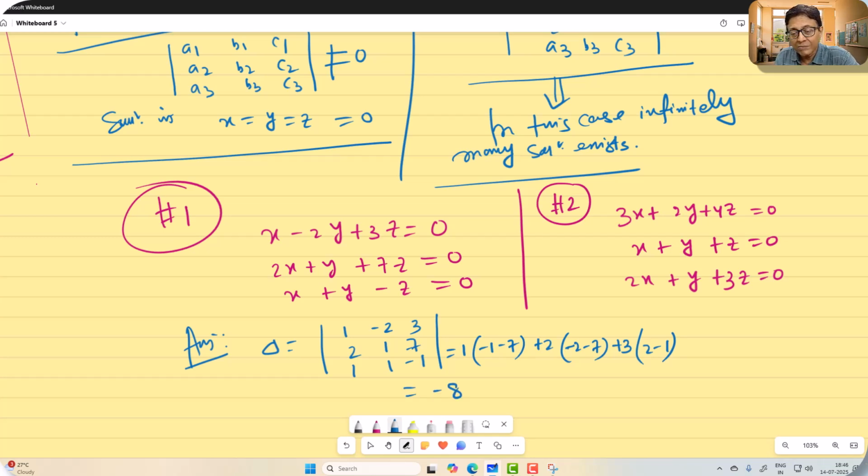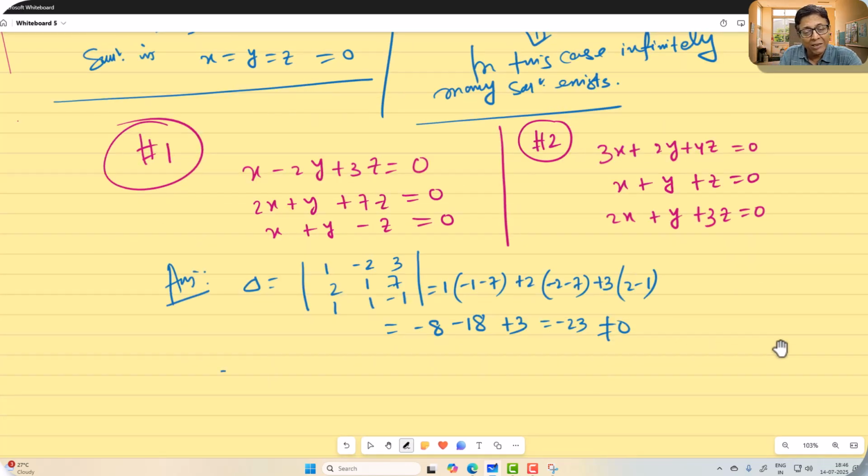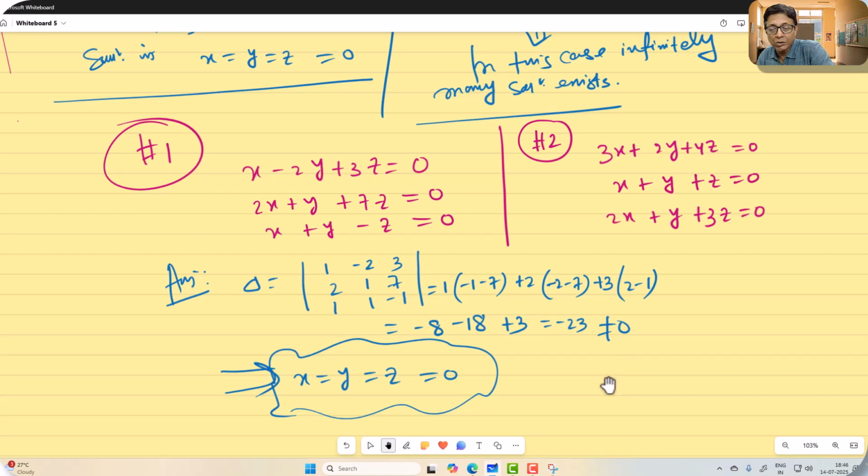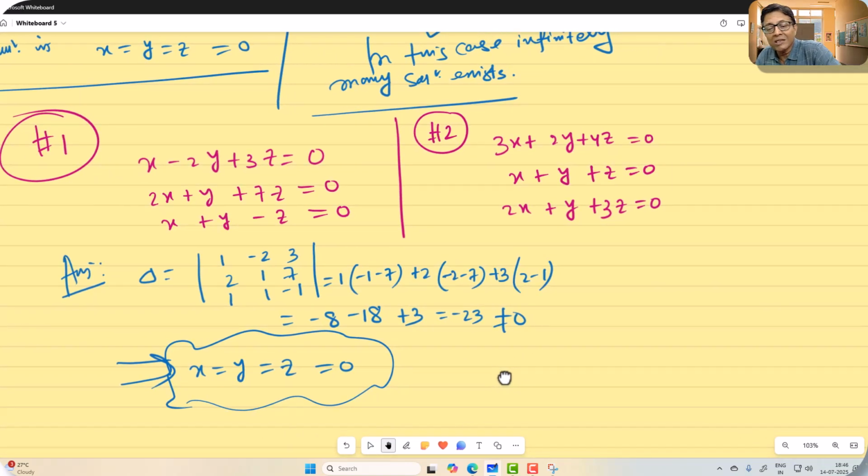That gives minus 8, minus 18, plus 3. So you got minus 23, which is not equal to 0. Coefficient determinant not equal to 0. So the immediate solution will be the trivial one. Without hesitation, you can say that x, y, z all are equal to 0. Then it is done.